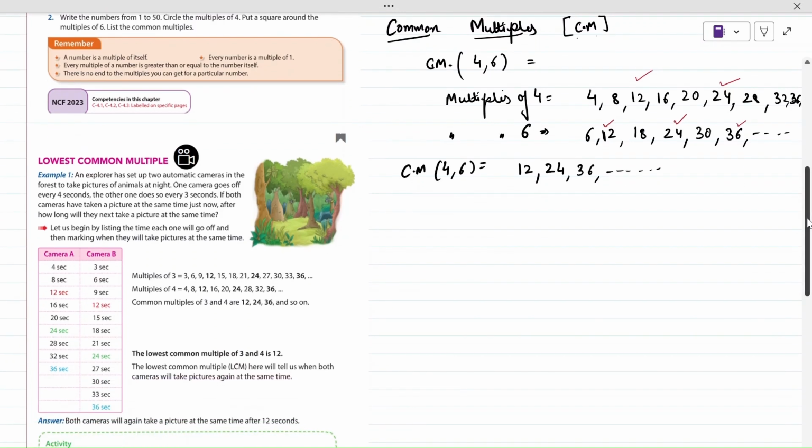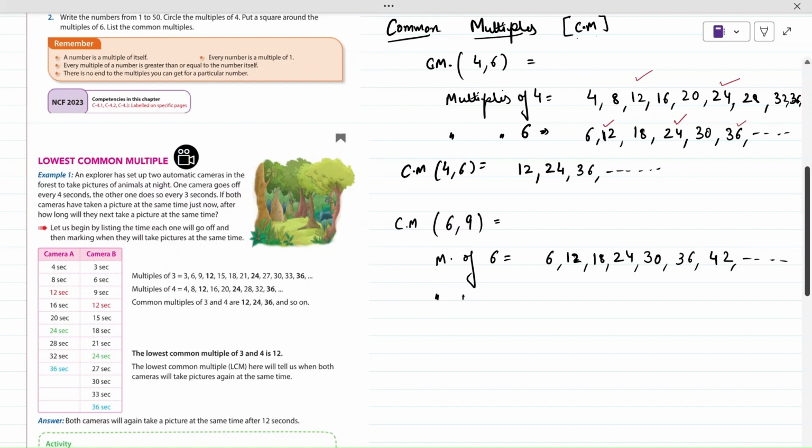Similarly, let us take another example. Let us try to find the common multiples of 6 and 9. For that, the multiples of 6 are 6, 12, 18, 24, 30, 36, 42, and so on.